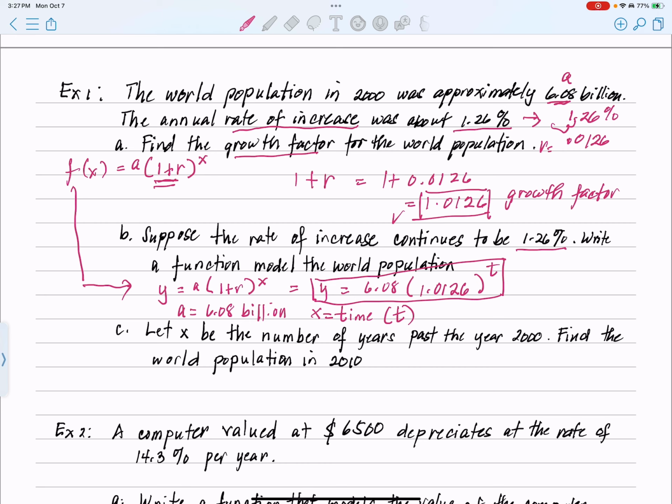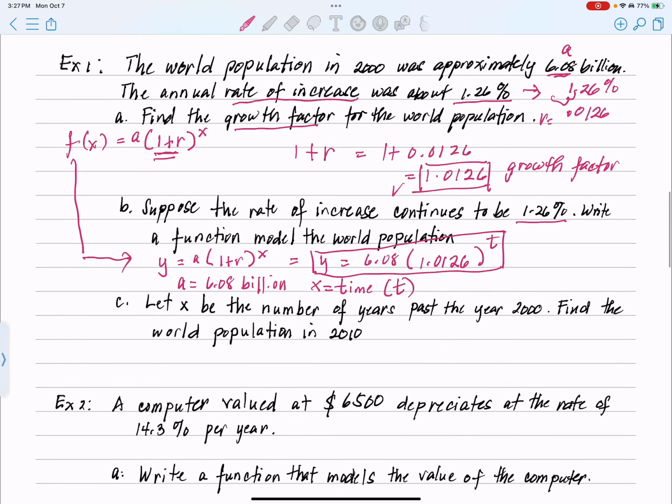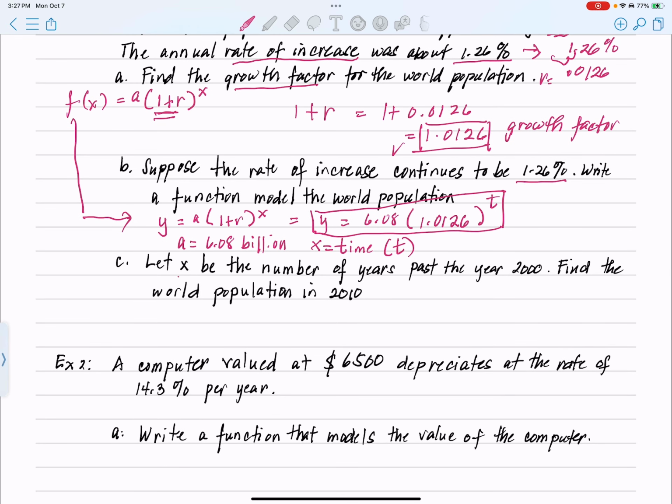Now letter C. Let x be the number of years. As I've said, x equals t, the number of years past the year 2000. So from 2000 to 2010, the time difference is 10 years, right?